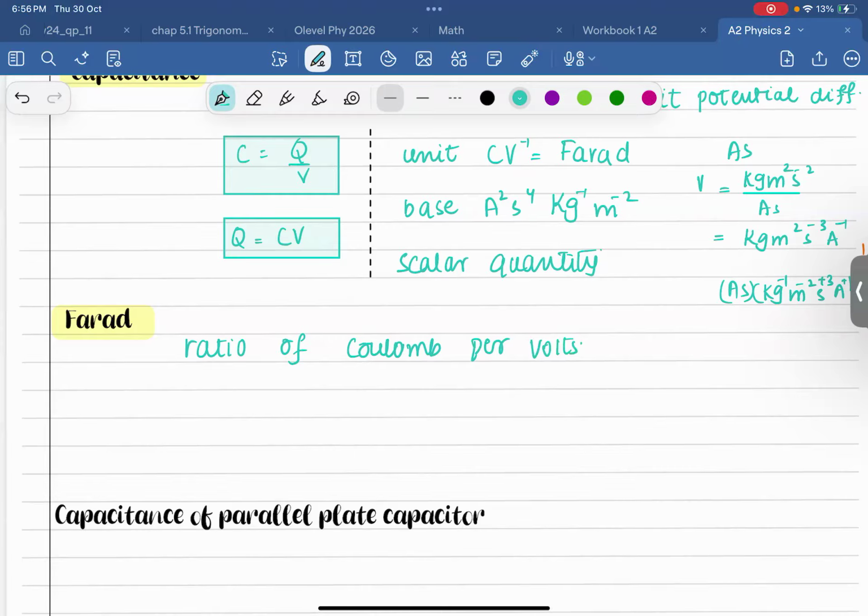Okay, per volt. Don't write voltage. Voltage is a quantity, right? We have to define a unit in terms of units.